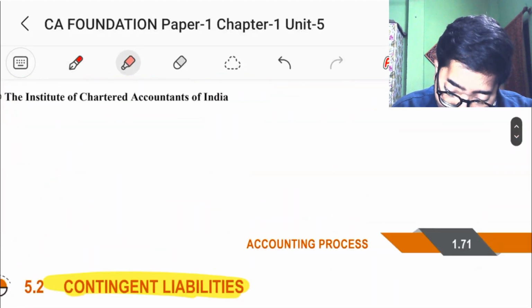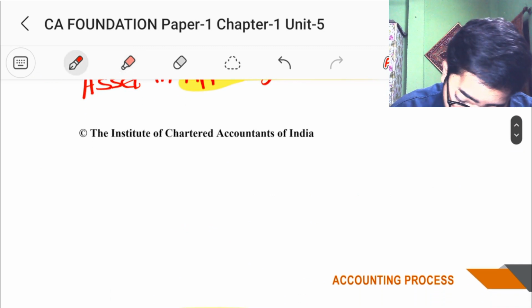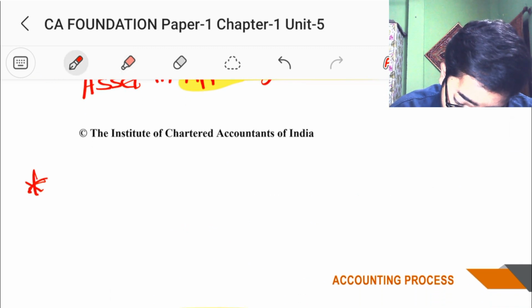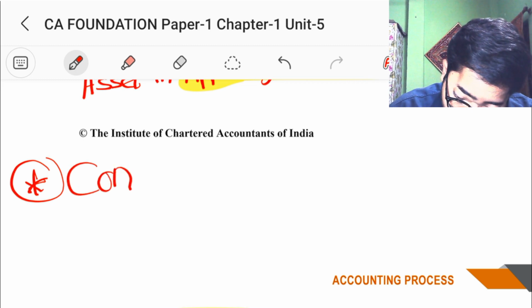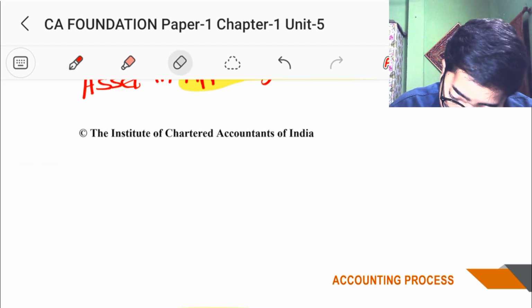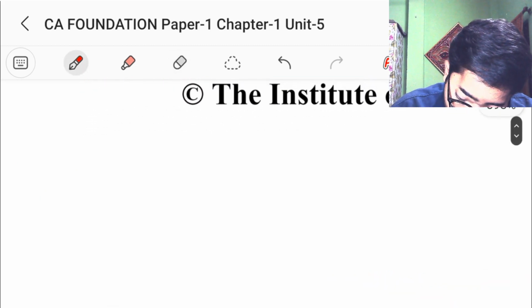So to simplify, if you allow, I need to write a bit smaller. Here I am going to write contingent liability.